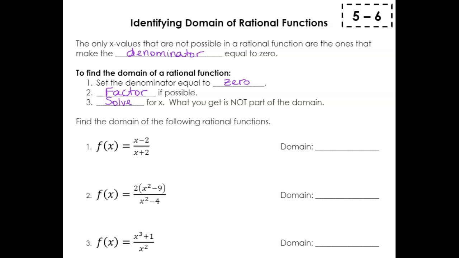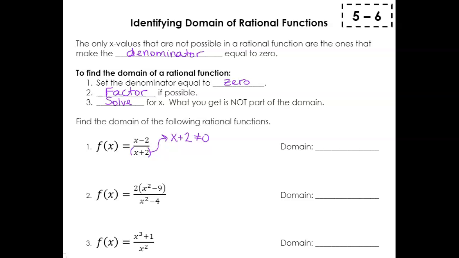So to find the domain of the following rational functions, on number 1, I don't have anything to factor, because x plus 2 is already a linear binomial. I don't want it to equal 0, because if I have a denominator of 0, that makes an undefined place.